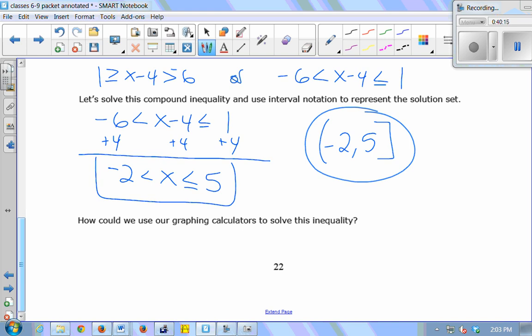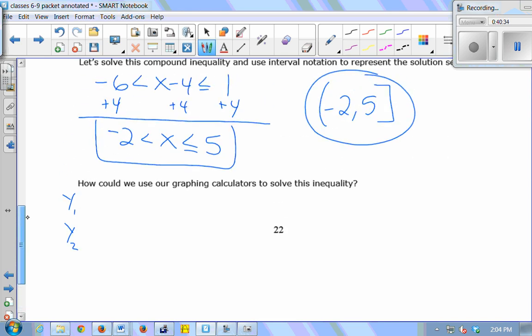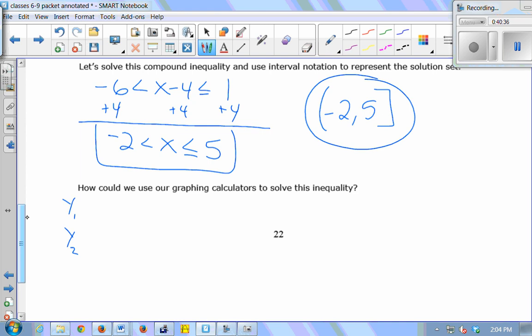Well, what do we usually do when we solve equations graphically? Yeah, so we usually have two sides of an equation. We put them in as y1 and y2. But when you have a compound inequality, we have sort of three sides, right? The left, the middle, and the right. So I'm going to put in all three.